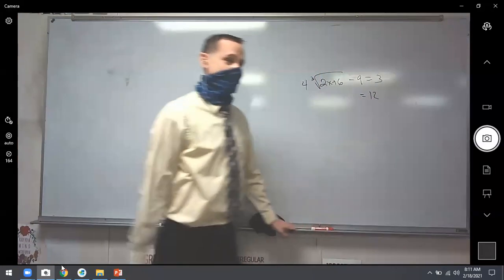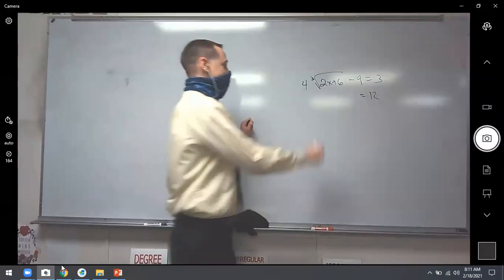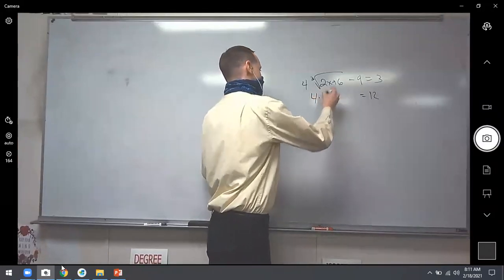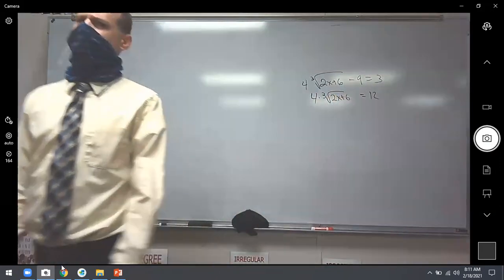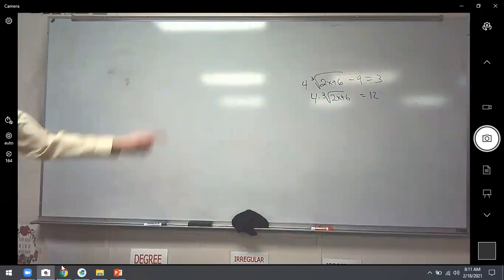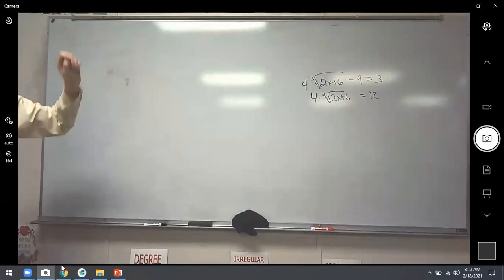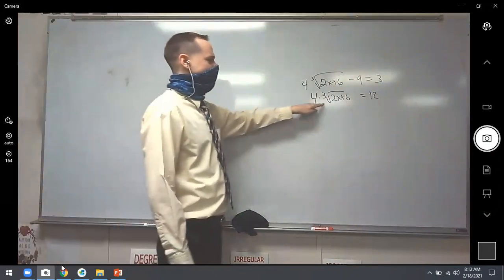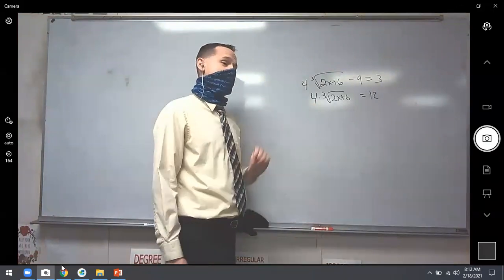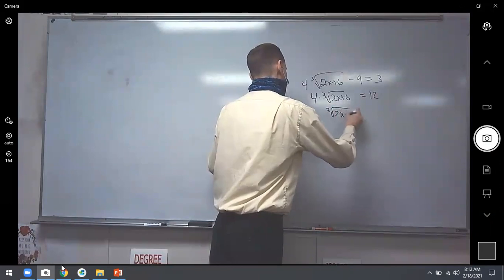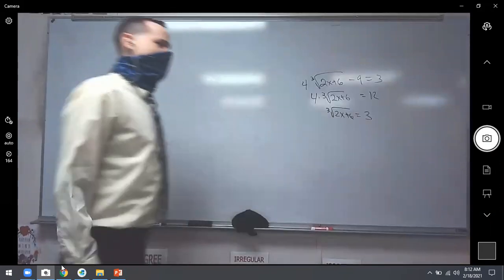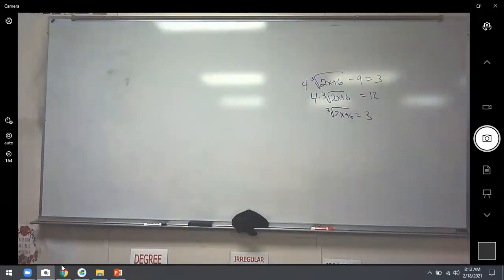So let's see, we got a 4 times this root still. Now, is the root by itself? Not quite. There's a 4 in front, right? Well, let's get rid of the 4. The 4 is attached to it. It's times it, right? So let's divide both sides by 4. And 12 divided by 4 is 3.